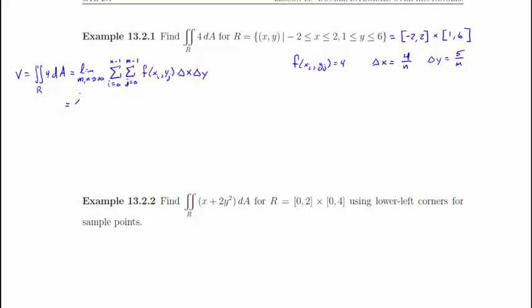And so we have the limit as m and n go to infinity of the sum from i equals 0 to n minus 1, the sum from j equals 0 to m minus 1 of 4 times 4 over n times 5 over m.